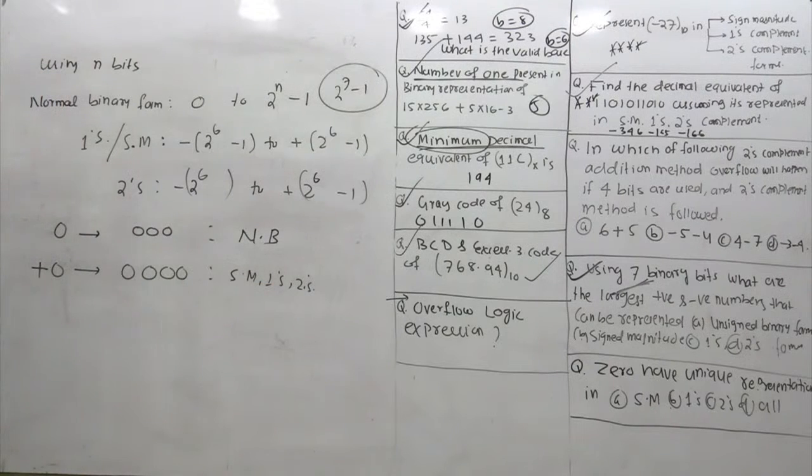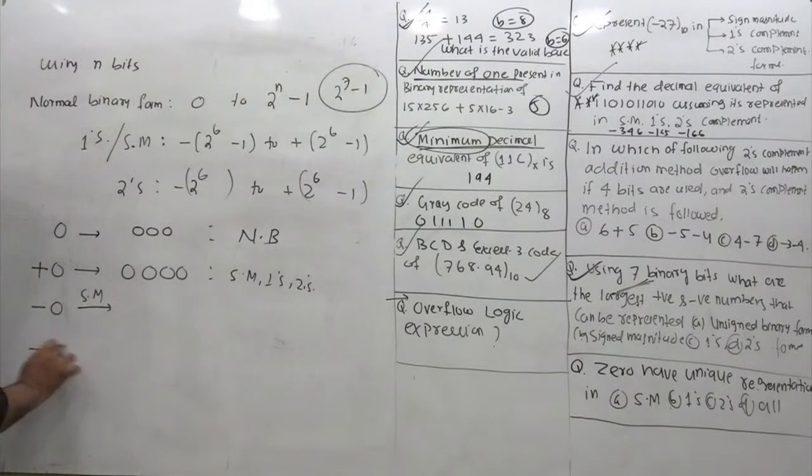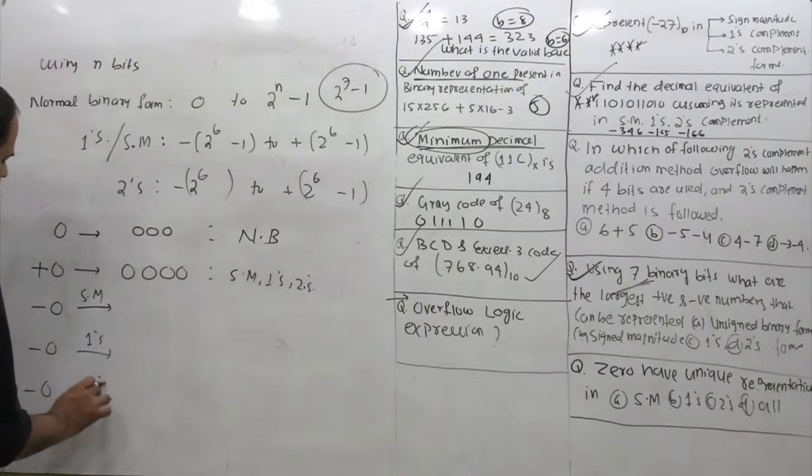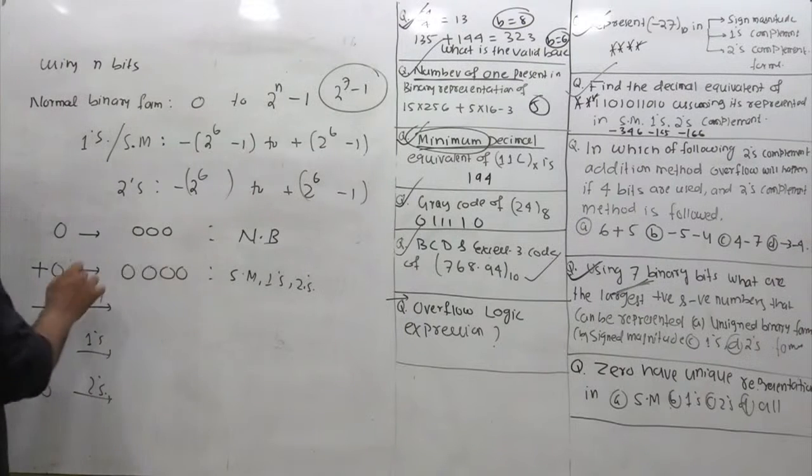Now if I say what is minus 0 in sign magnitude form, what is minus 0 in 1's complement form, what is minus 0 in 2's complement form. We know practically there is nothing called plus or minus 0, but if I say it, what will we get?